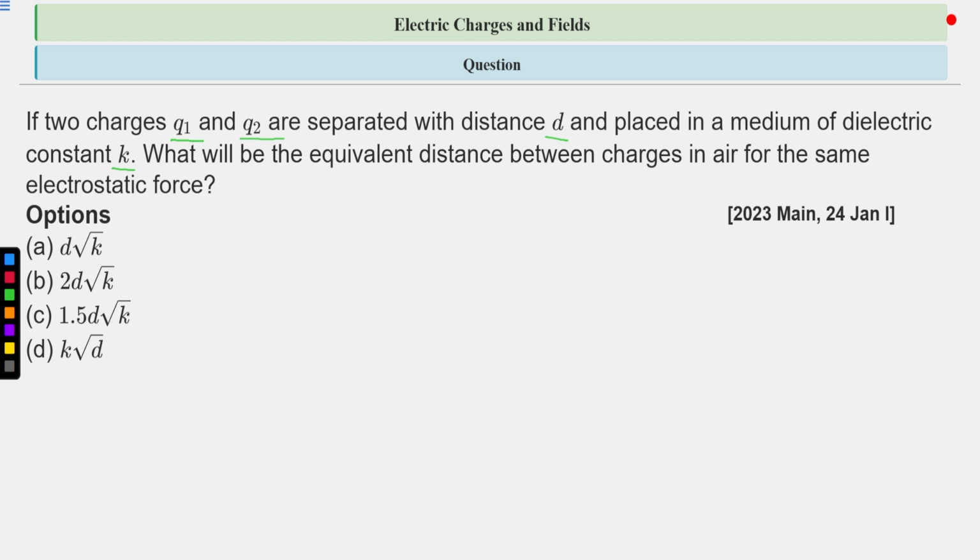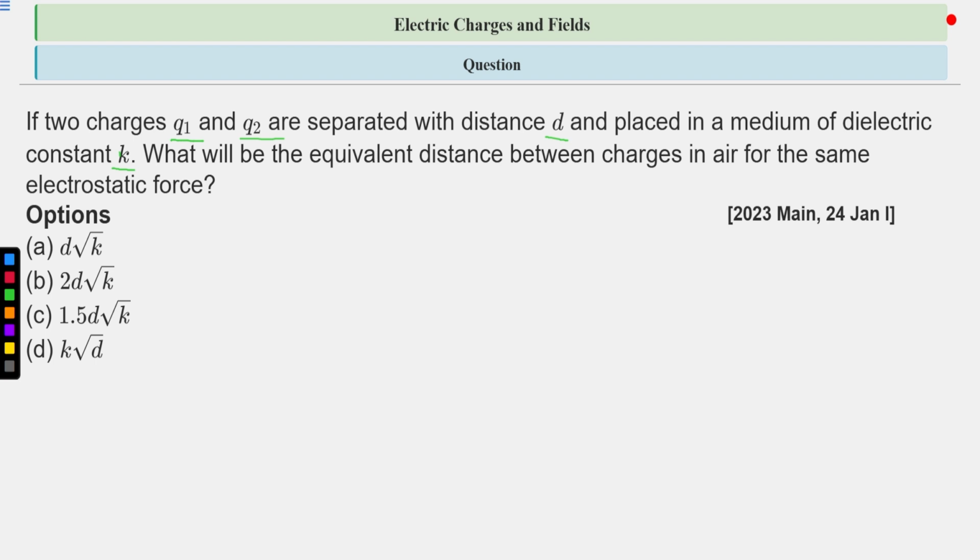Now what is being asked here is: what will be the equivalent distance between the charges in air for the same electrostatic force. The electrostatic force should be the same as in this dielectric case. Now we are removing the dielectric and placing air between the two charges. What is the equivalent distance?